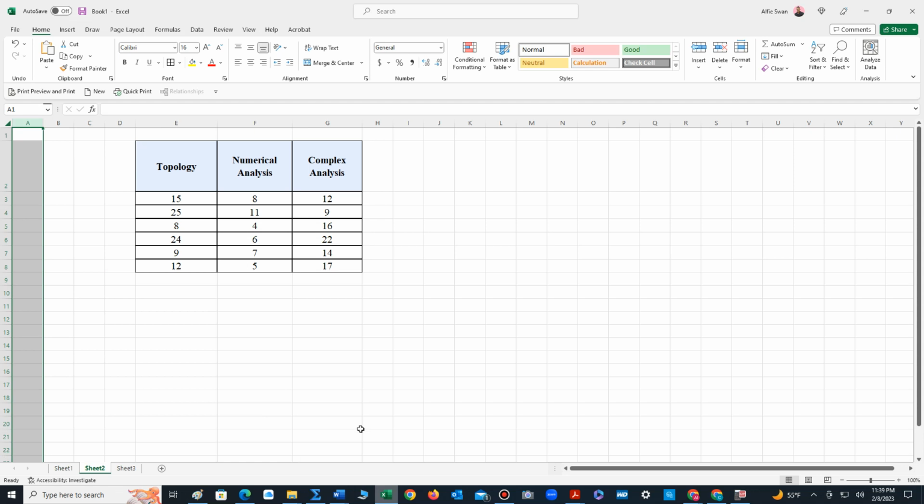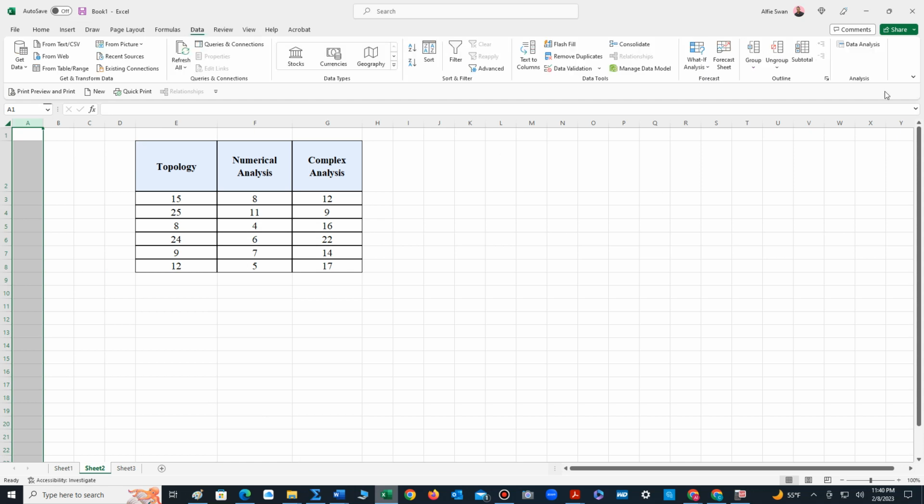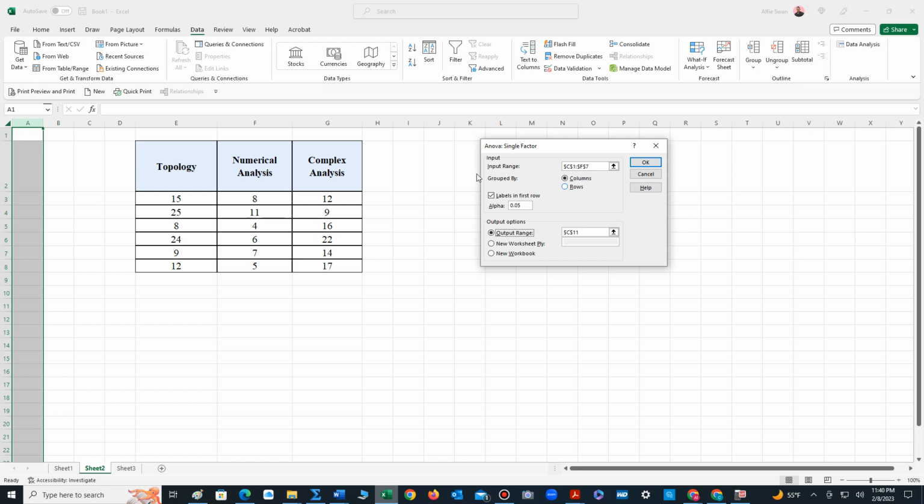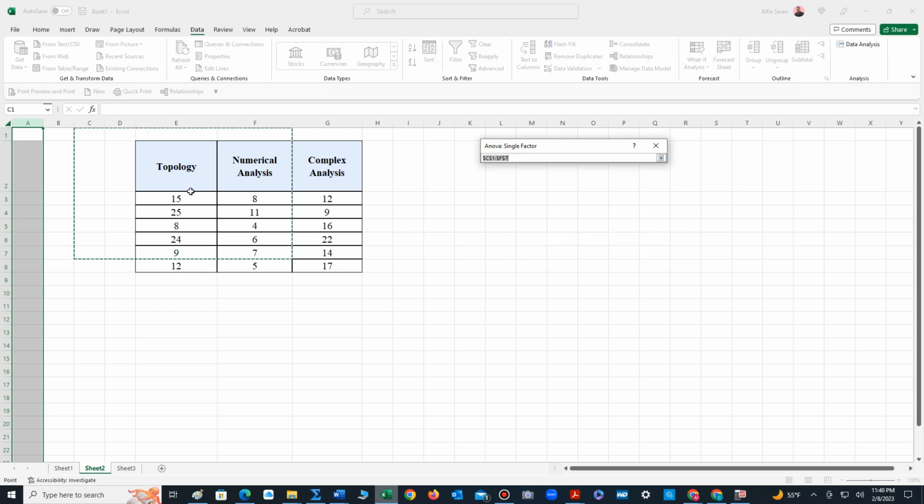So in Microsoft Excel, there's a data ribbon that we have to access. So I have our data copied and pasted onto the spreadsheet. We click on data and we have to use what's called the data analysis tool. So we click on data analysis, make sure to select ANOVA single factor, press OK, and for the input range you select the entire chart.